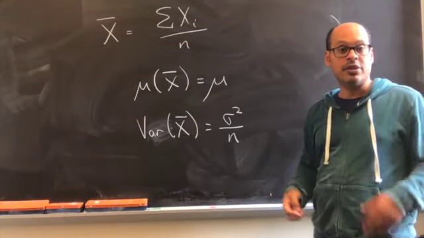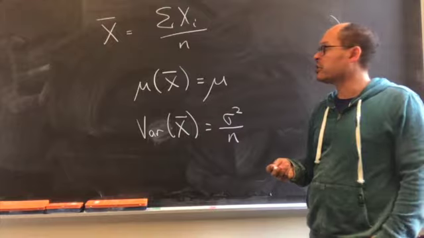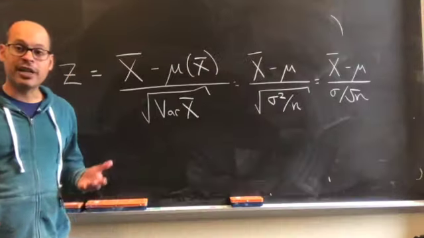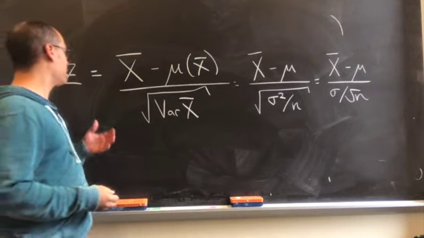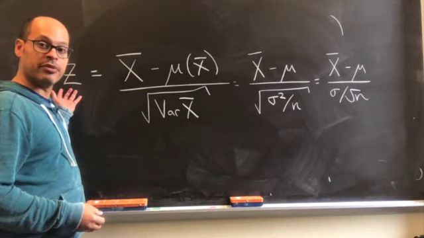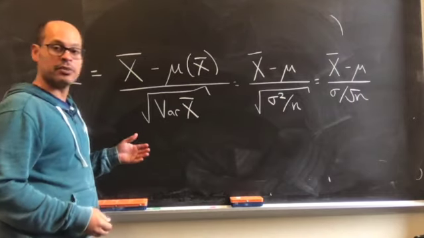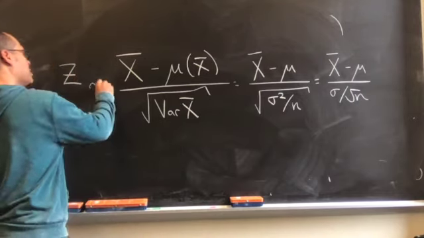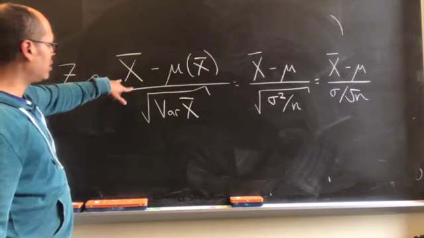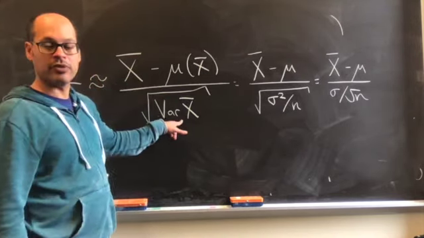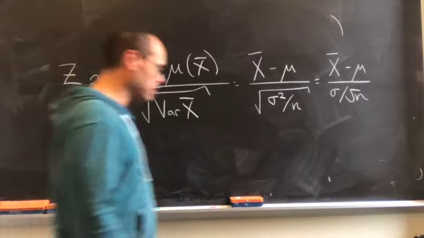And so then we can talk about X bar in terms of a normal random variable. If we want to take our standard normal random variable and relate it to our X bar, by the central limit theorem, this is approximately our random variable minus its mean, divided by the square root of its variance, the standard deviation.